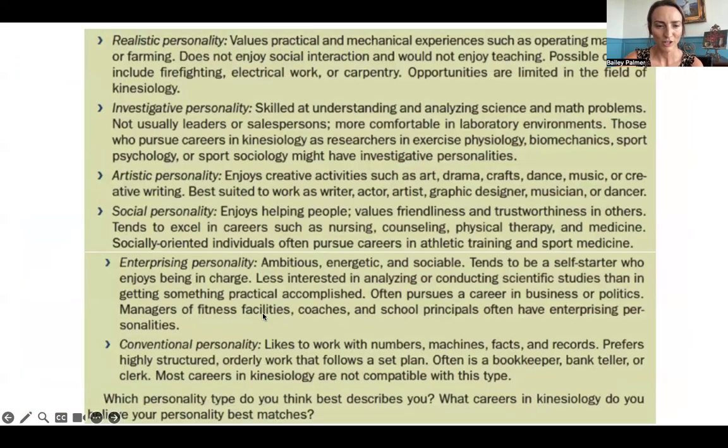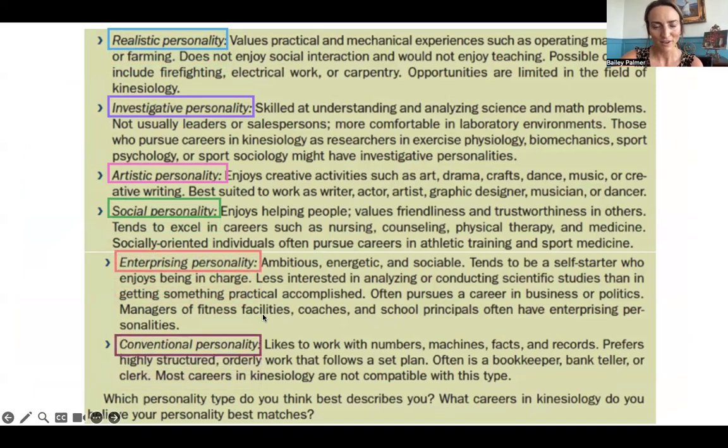Next, we're going to do some inventories. I want you to pause this slide and figure out which personality type you possess. I think it's fun to figure out things about ourselves and do these inventory questionnaires. This one has you read through and pick what personality you think you might be, and then it also tells you what career you're most likely suited for based on that personality type.